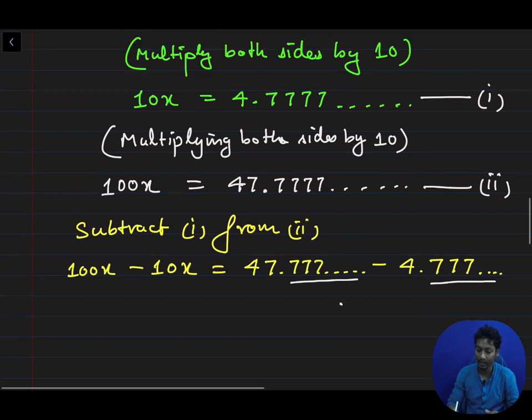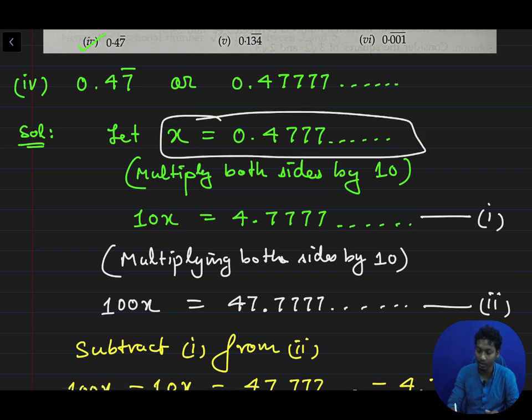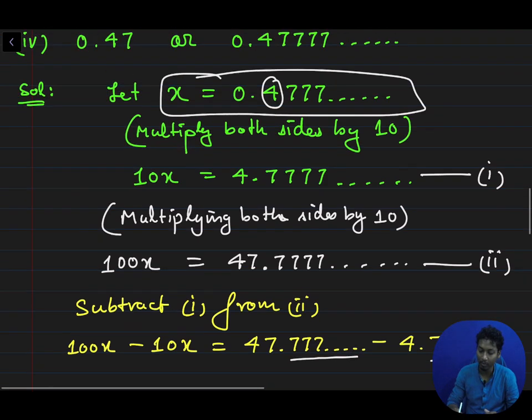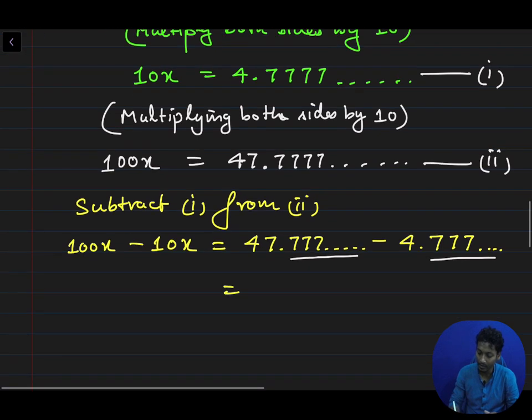What if we had taken the first expression as the first equation? Here you see 4 is a non-repeating digit, just after the decimal place. So when we subtract, this 4 will remain and we will get the answer in decimals. So in order to remove that decimal part, we have taken the second expression by multiplying by 10 as the first equation. So now when we subtract, we will get 47 minus 4.